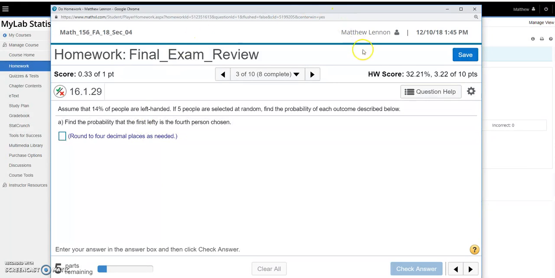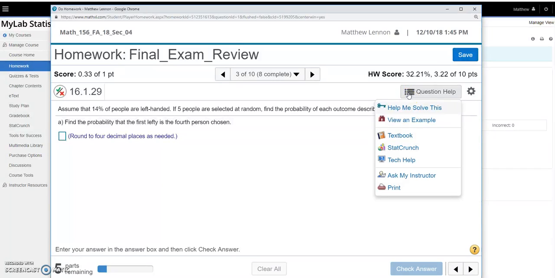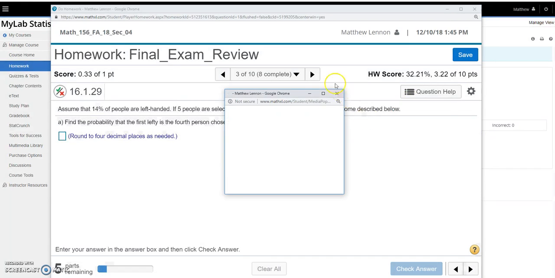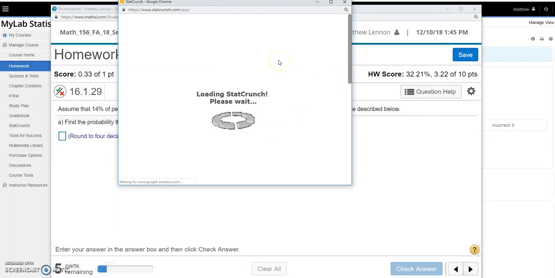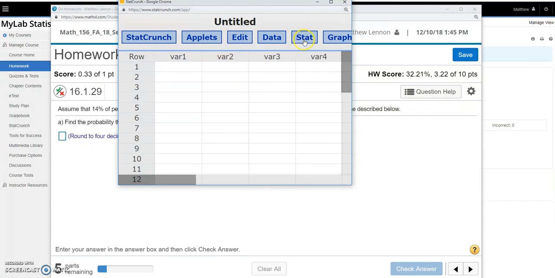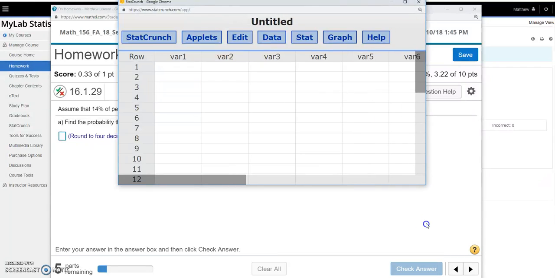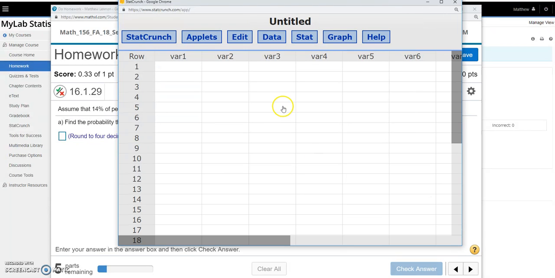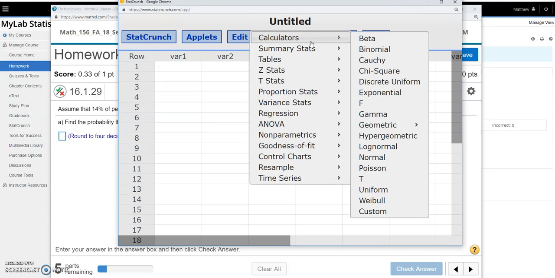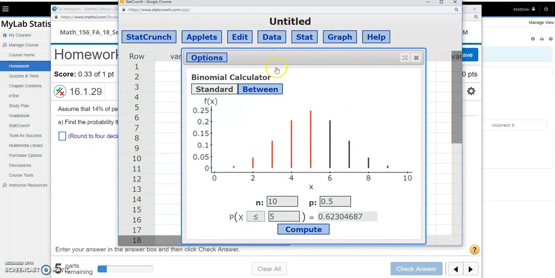So again, we're going to be using StatCrunch here. What we want to do is go to a particular calculator, and notice this is a binomial model because we have success/failure with independent trials. So we go to Stat, Calculator, Binomial.